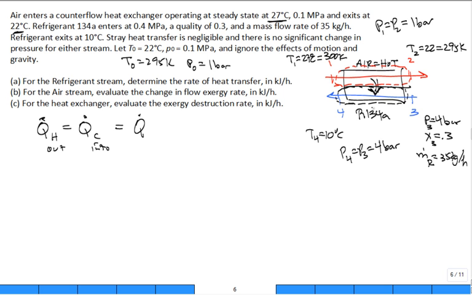Okay, let's do the hot fluid, an energy balance for this control volume. We're going to have that the mass flow rate of the hot fluid times enthalpy 1 minus enthalpy 2 is equal to what is transferred out of the hot fluid. Is that a good first law?